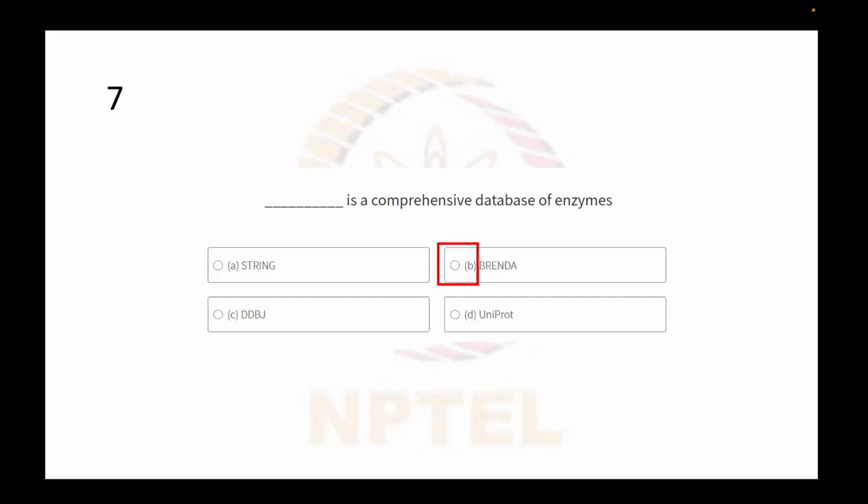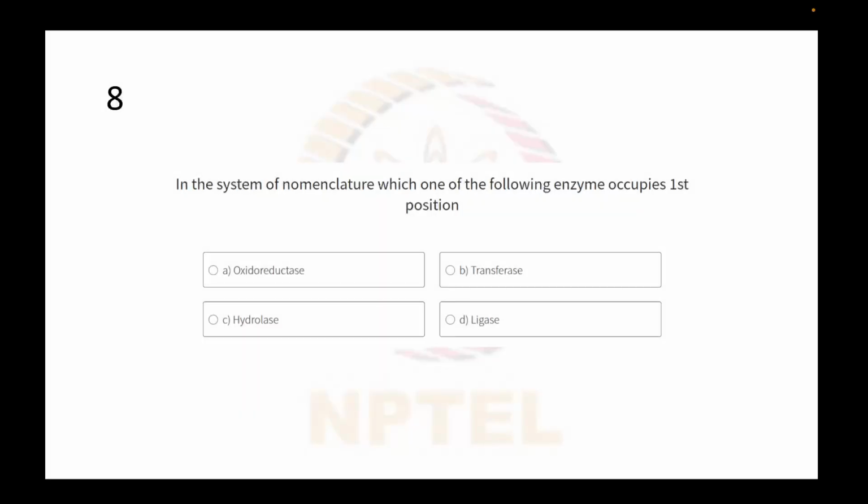So BRENDA is a comprehensive database. Next, eighth question is, in the system of nomenclature, which one of the following enzymes occupies the first position?